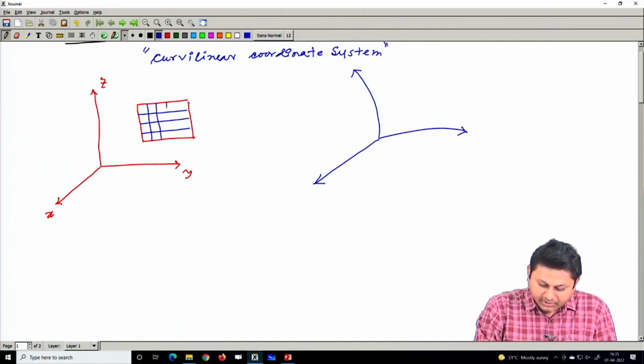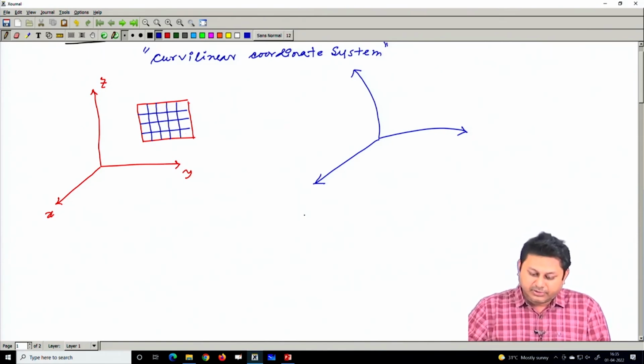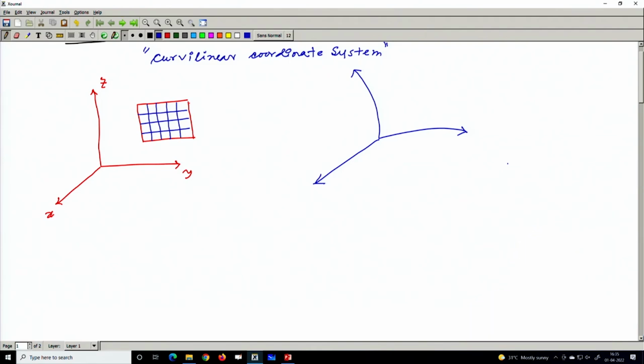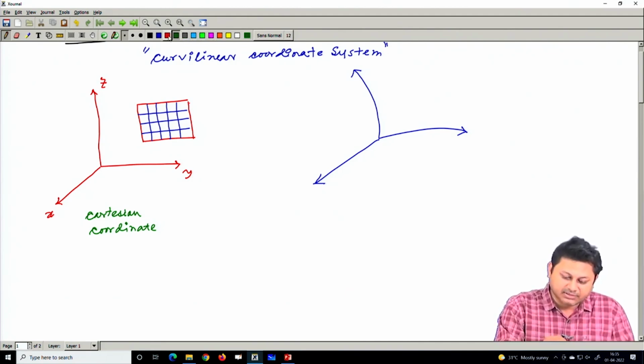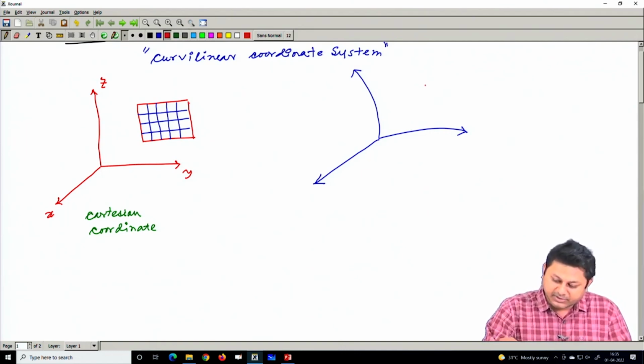On the other hand, for the curvilinear coordinate system, we can have a surface which is a curved surface in general. So the surface should be something like this.